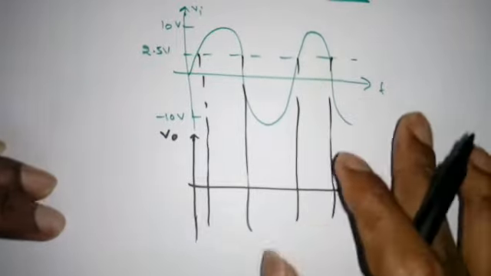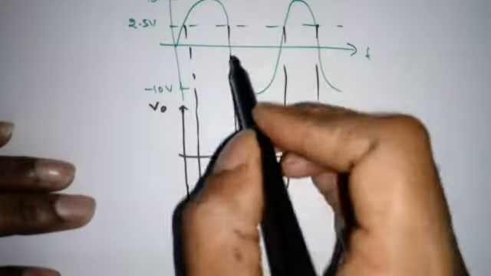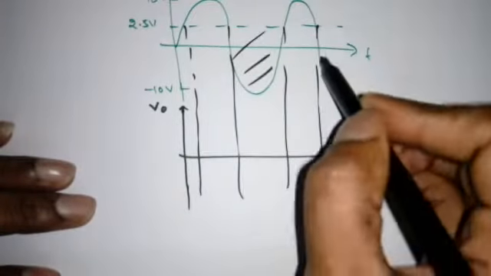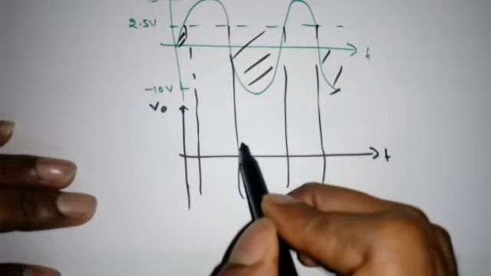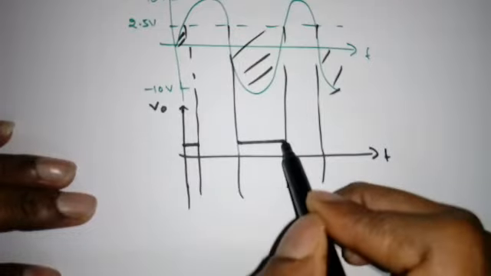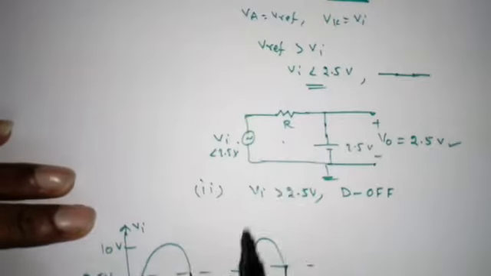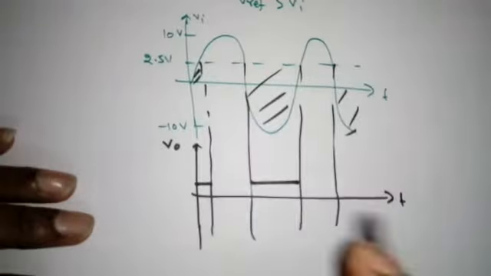Now the first condition is what? When VI is less than 2.5, what is V0? 2.5. So less than means this portion, so it will be 2.5. Here also 2.5. Now when VI is greater than 2.5, what is V0? VI. So it allows the positive portion.